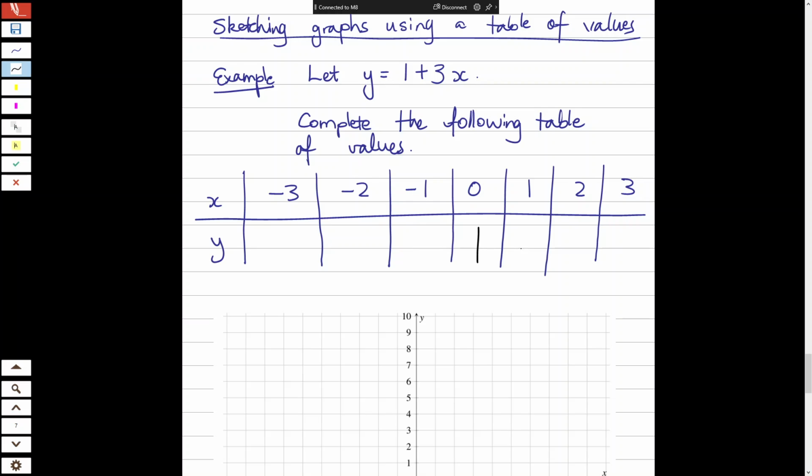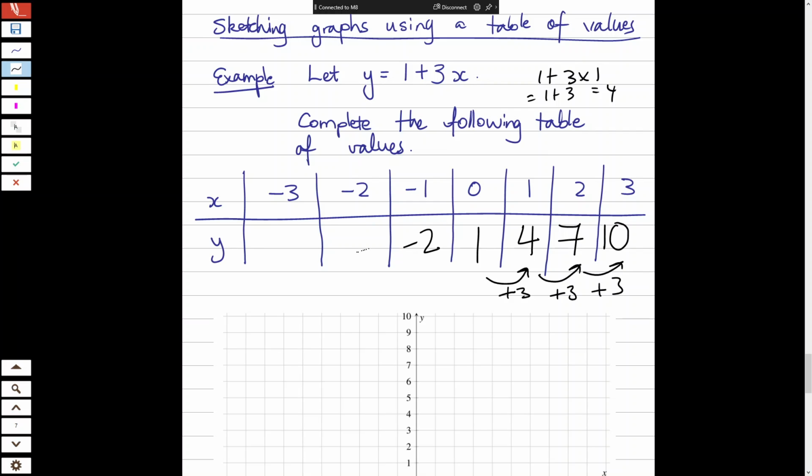And how did you get that, Archer? 1 is x, and 3 times 1 plus 1. Great. So it's going up by 3, so the next one will be 7, and then 10. And you just go down and it will be negative: -2, -5.